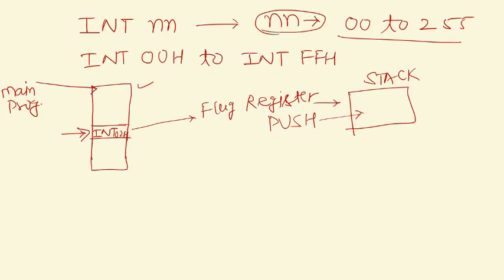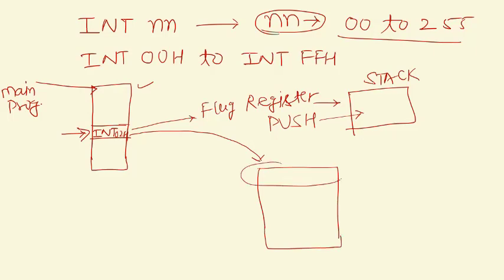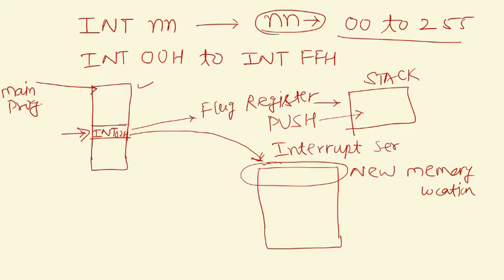और माइक्रो प्रोसेसर प्रोग्राम कंट्रोल बेसिकली एक न्यू मेमोरी लोकेशन पे शिफ्ट हो जाएगा. So program control will be transferred to the new memory location, and some set of program is going to be executed, and that set of program is called interrupt service subroutine, ISR.